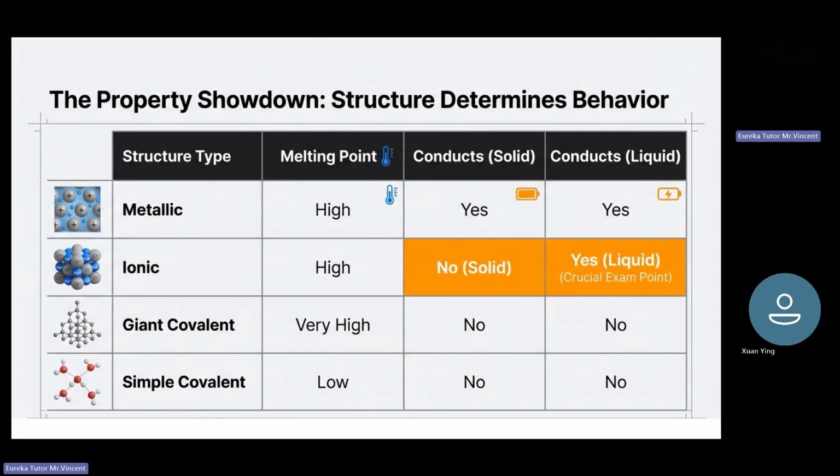So conductivity in the solid is no, and in the liquid is yes. Very important, a crucial exam point. Melting point is high. Giant covalent substances cannot conduct electricity and have a very high melting point. Simple covalent have a low melting point and do not conduct.